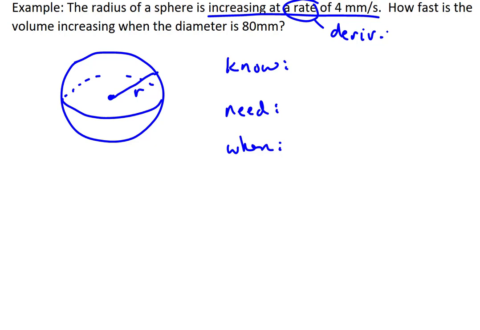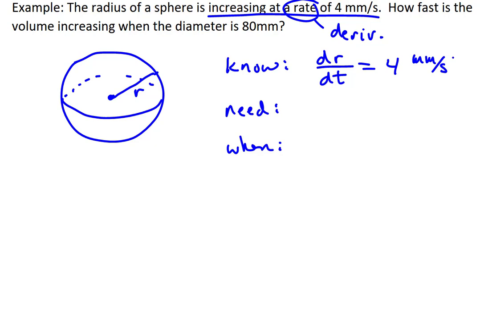And so the radius of the sphere is increasing at a rate of 4 millimeters per second, which means we know that the derivative of the radius with respect to time, so I'll call this dr/dt, the radius is increasing here, and that rate happens to be 4 millimeters per second. So I'm going to throw the units in with the number 4. We'll make sure our units make sense by the end. But the point right now is that we know the derivative of the radius, the rate of change of the radius, is 4 millimeters per second.